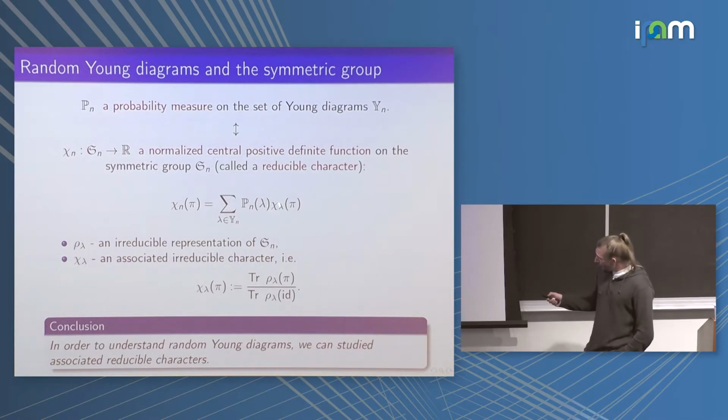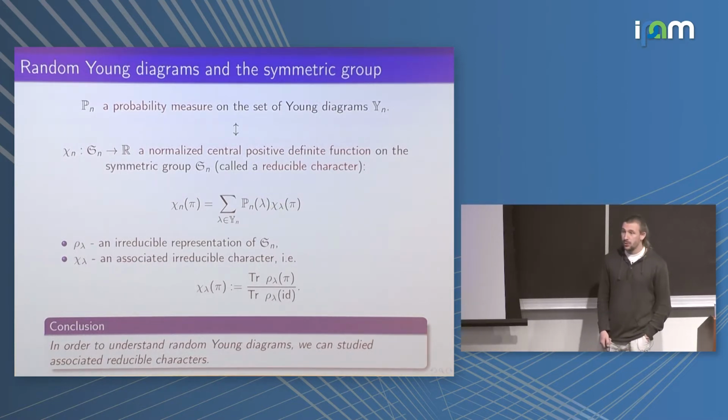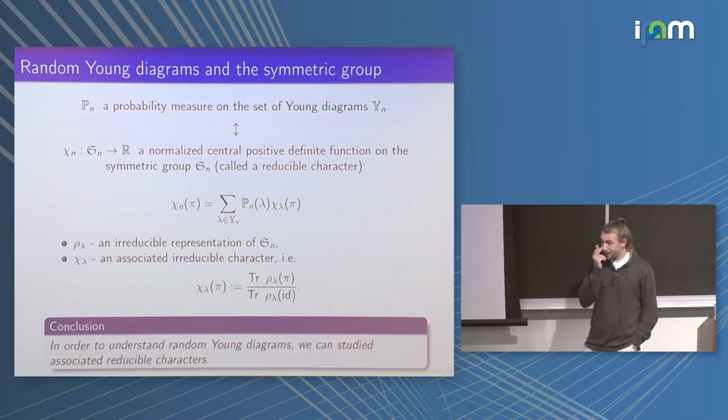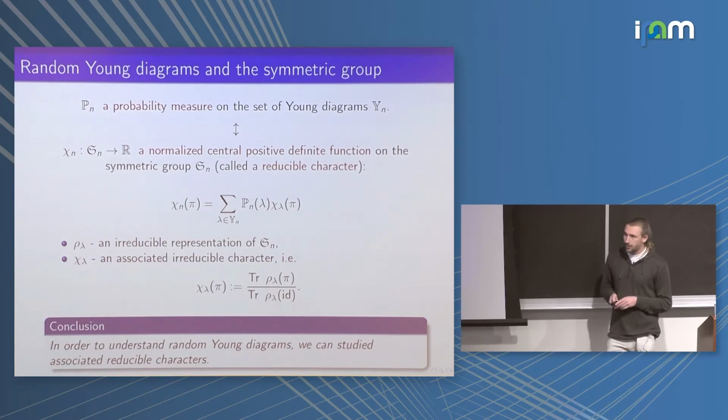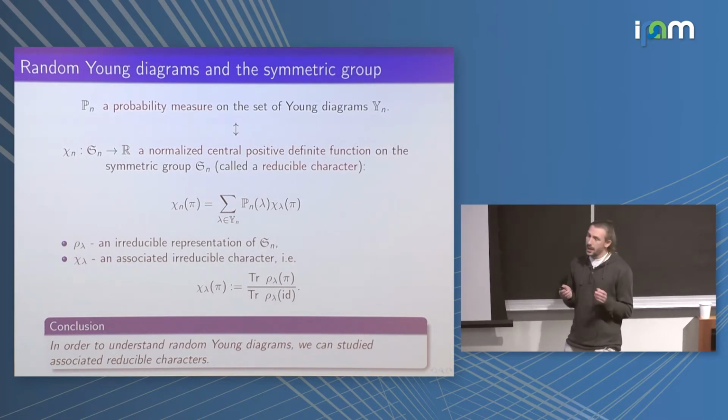Here chi lambda is a character of the irreducible representation of the symmetric group, which is indexed by a Young diagram lambda. A quick reminder for those who don't know representation theory of the symmetric group: there is a one-to-one correspondence between irreducible representations of the symmetric group and Young diagrams.